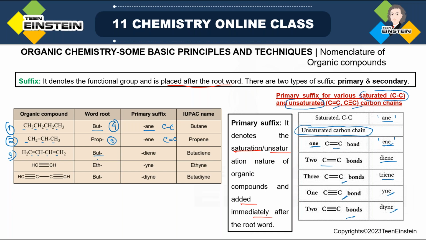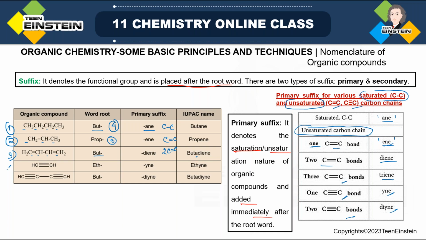Fine, so it is but, but we have a total of 2 CC double bonds. So it is diene. So but and diene, butadiene. Now here we have to add an extra A, because if you are saying butdiene, it is not correct. So here one extra A we are adding.